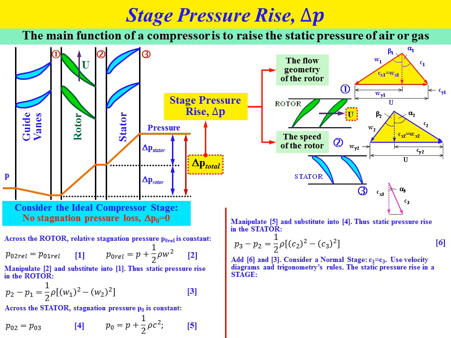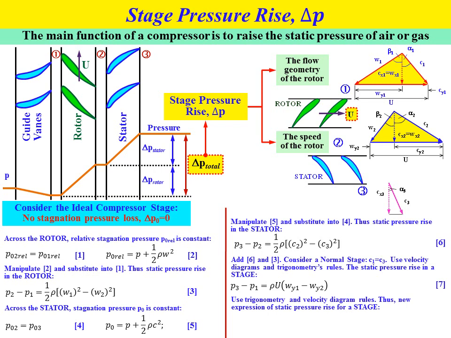Add equation number 6 and equation number 3, and also consider a normal stage condition, C1 equal to C3. Implement the velocity diagram and trigonometry rules. The static pressure rise in the stage is equal to P3 minus P1 equal to rho U multiplied by bracket Wy1 minus Wy2, represented by equation number 7.